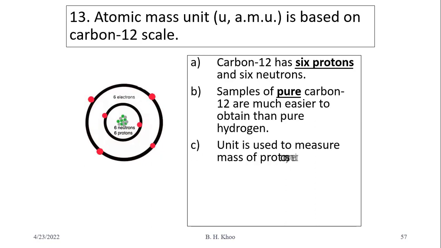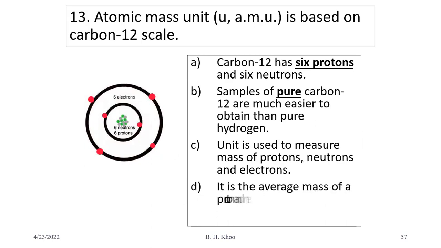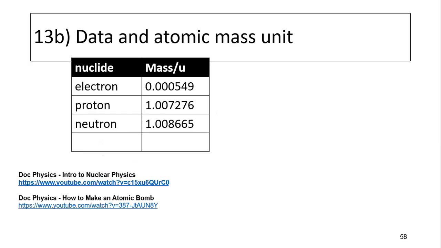The unit is used to measure the mass of proton, neutron, and electron. It is the average mass of a proton and neutron in a nucleus. Not separate, but in a nucleus. Right? There's a mass, you don't need to memorize. There's data for atomic mass unit for electron, proton, and neutron. It usually will be given to you. You're required to use it for calculation.